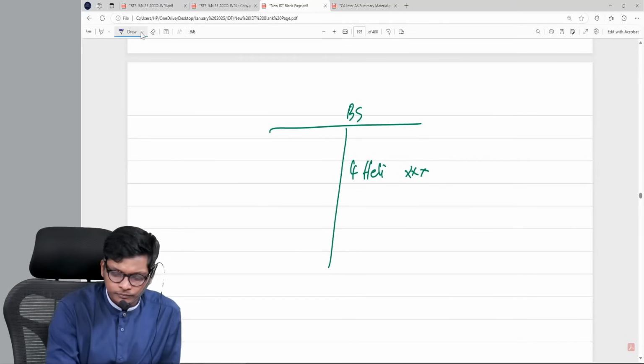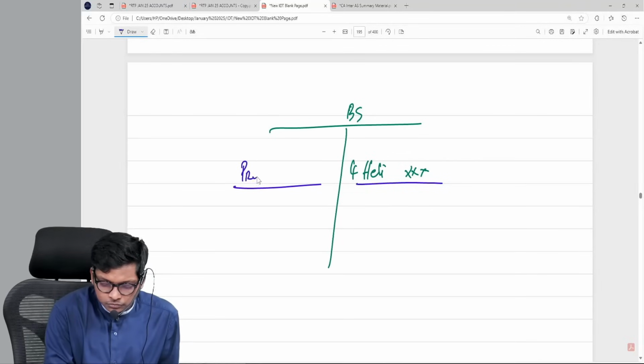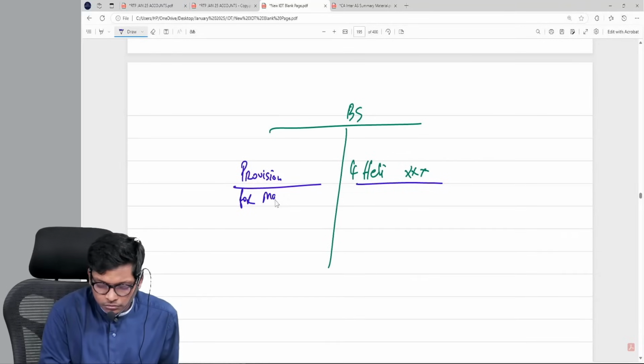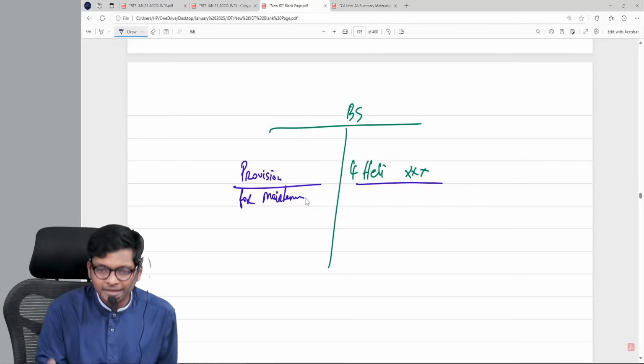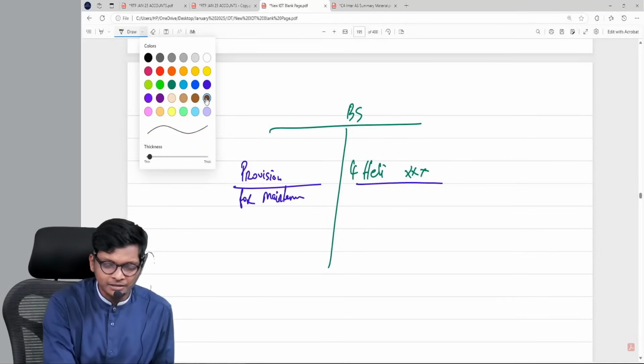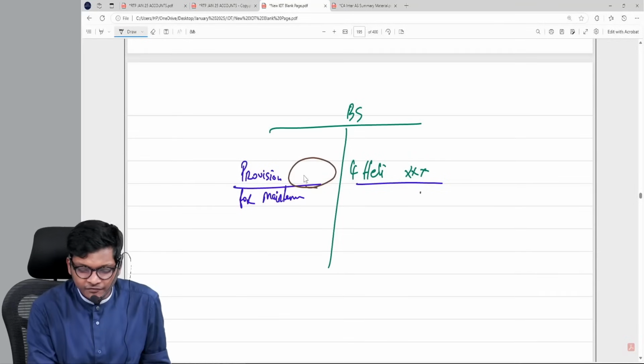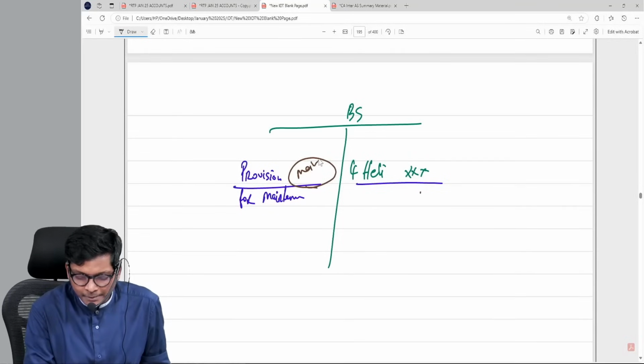Now, for this asset, there is also a provision for maintenance. What do you mean by this? Every asset will have a provision on the other side. Here they are creating it for maintenance purposes.